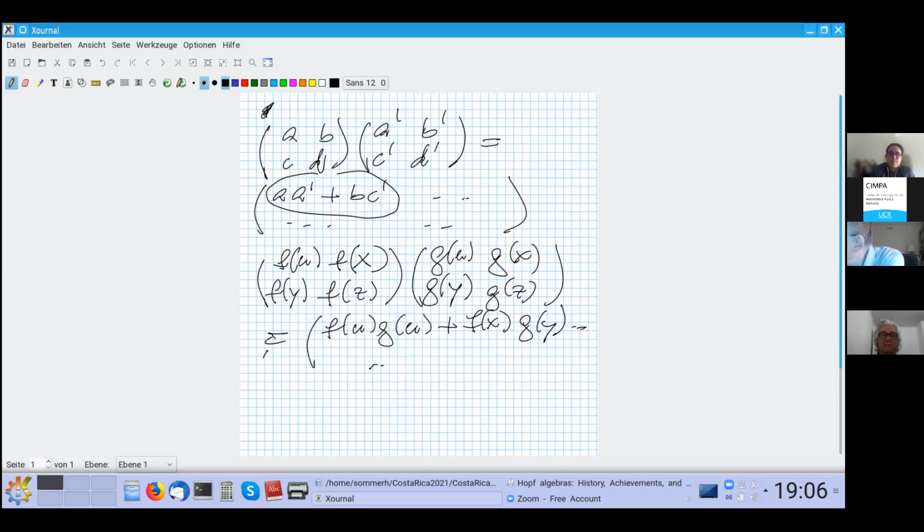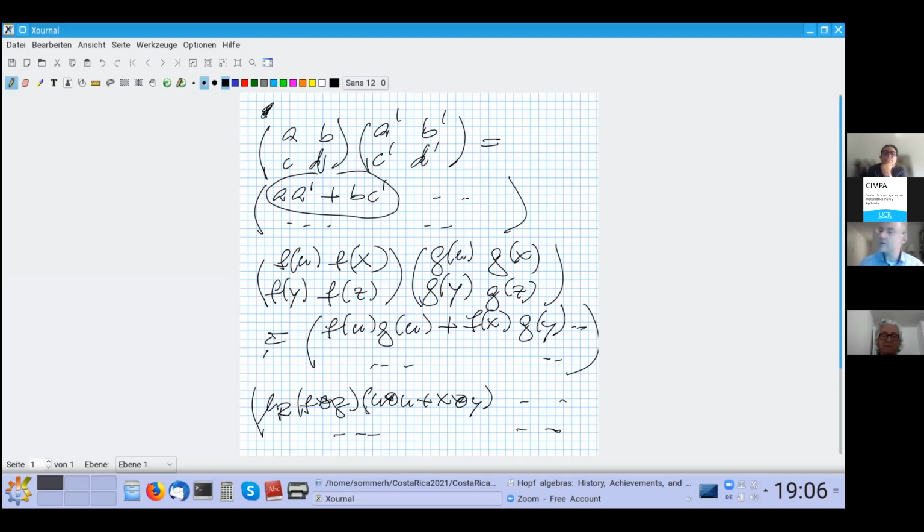And then three other entries. And this here is now exactly the convolution product, so this is mu R of F tensor G applied to U tensor U plus X tensor Y. See this? You apply this component wise, and then you multiply the result together, and there are 4 other entries.